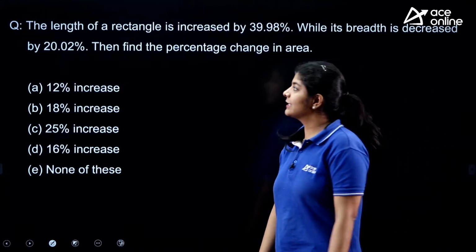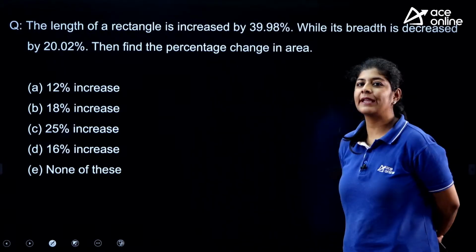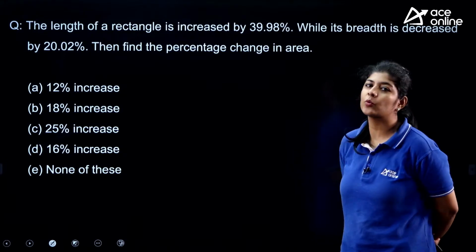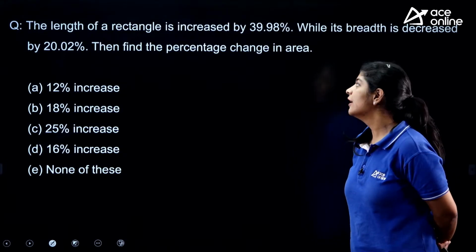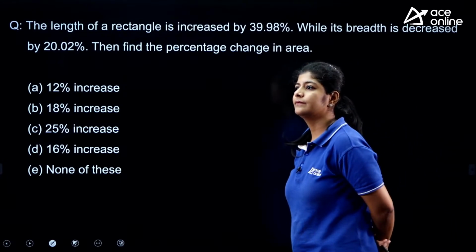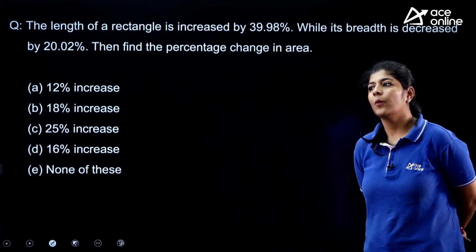The next question says that the length of a rectangle is increased by 39.98% while the breadth is decreased by 20.02%. Then find the percentage change in the area. What we have to do?